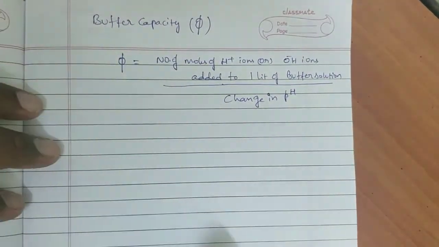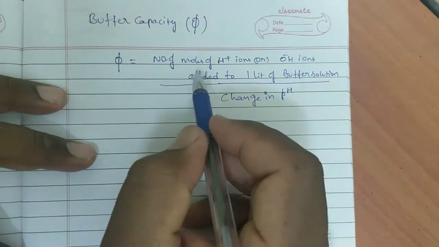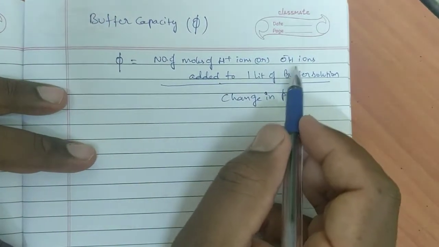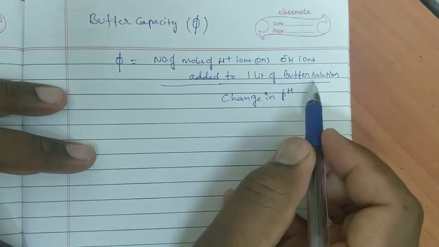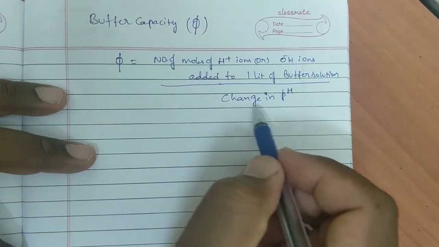That is called buffer capacity. Number of moles of H plus ions or OH minus ions added to 1 liter of buffer solution divided by change in pH.